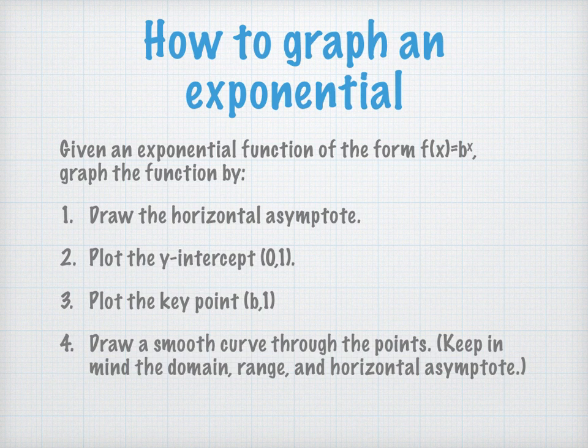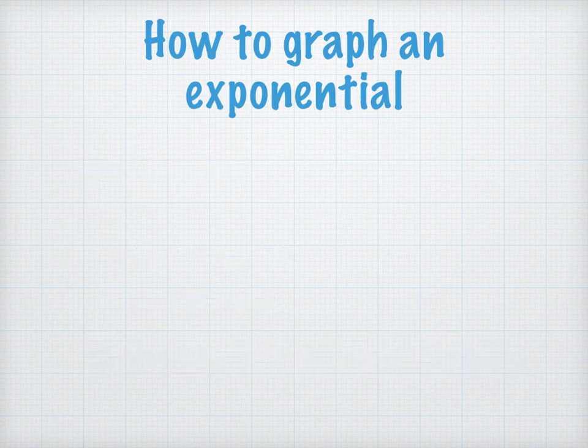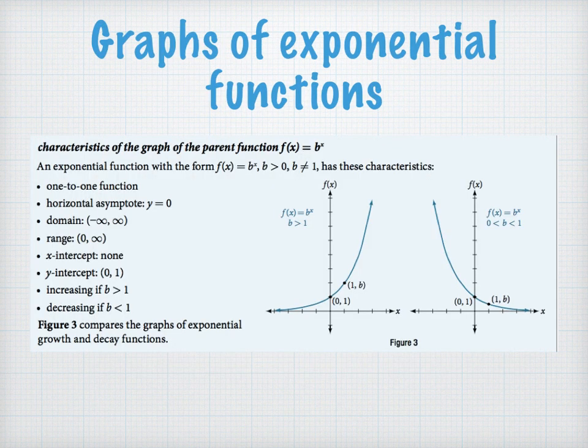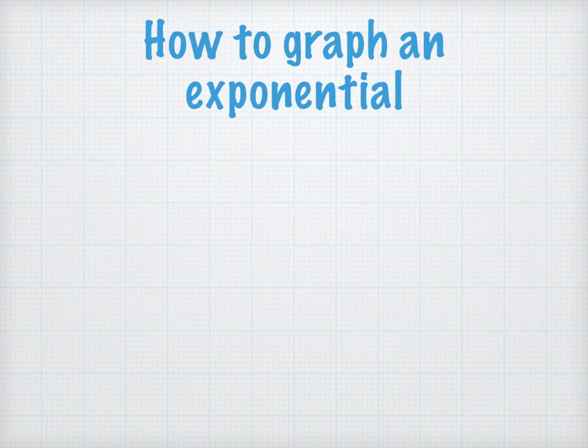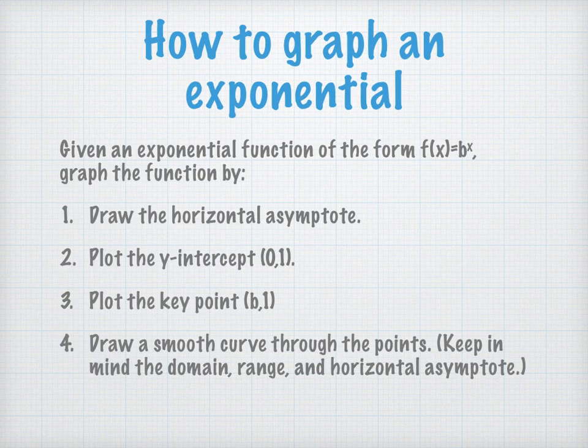Your key point, we can see on the previous slide, is the point (1, b). We notice it occurs on both our increasing and our decreasing graphs. After we plot our key point, draw a smooth curve so that it looks similar to one of our two versions of our graph, whether it's increasing or decreasing based on our value for b.